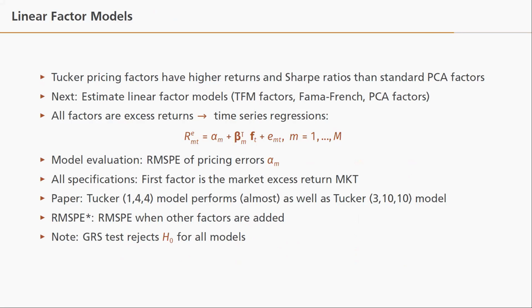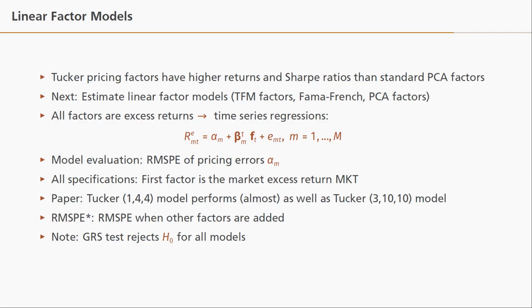Okay, so now linear factor models, right? All of these factors are excess returns, so I can run the time series, right? So for each fund, I run the time series, where little f now is a set of characteristic factors. So it could be Fama French factors, could be the PCA factors, or it could be the Tucker factors.